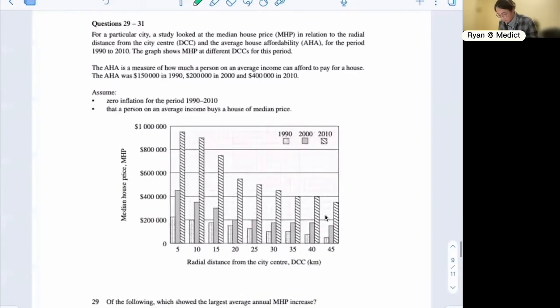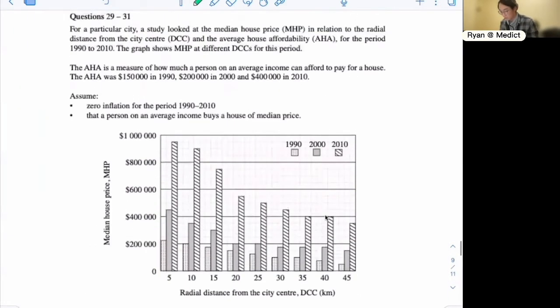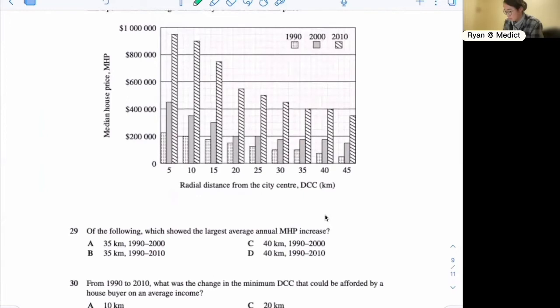Over here, I'm going to reinforce the idea that most of this information is not important. So we just go straight into the graph. Looking at the graph, we can see three things. On the x-axis, we have the DCC.